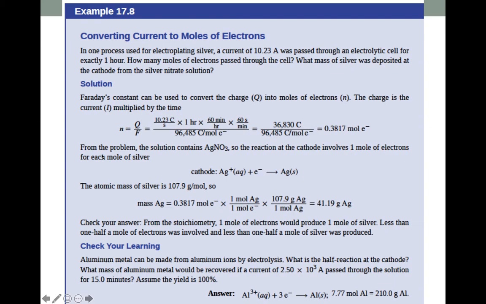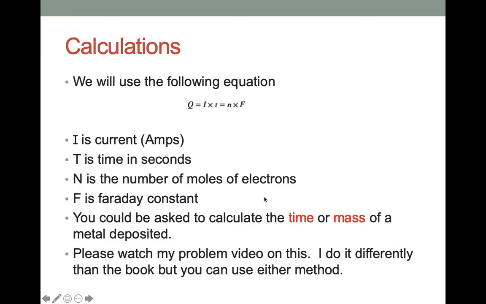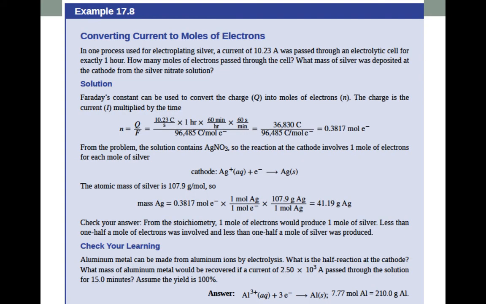So then they take that answer, and they look at their equation, and silver metal is deposited by reduction, gain of electrons, yep. And one electron is involved in that transfer. Now we're going to go back to this equation. Oh, no, we don't need this one.